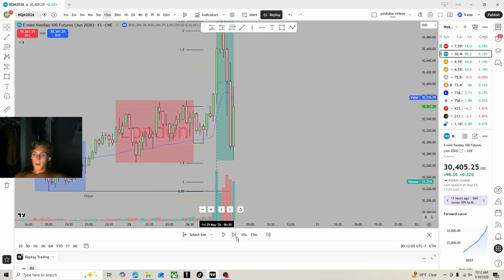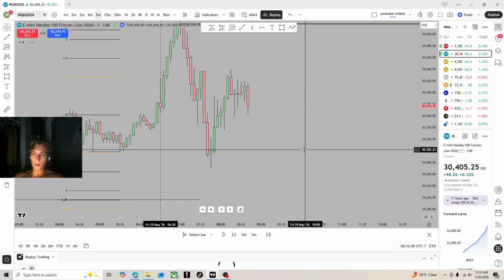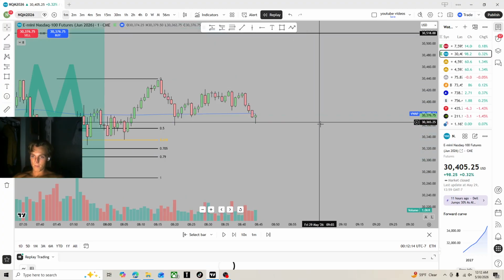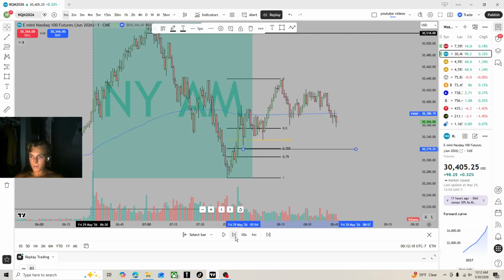down here. After we started displacing higher, we have this OTE leg. Put in these lows.